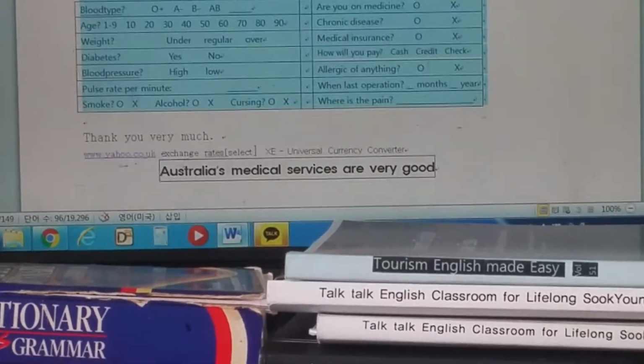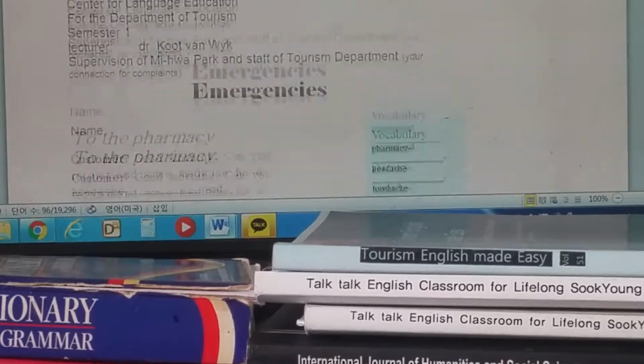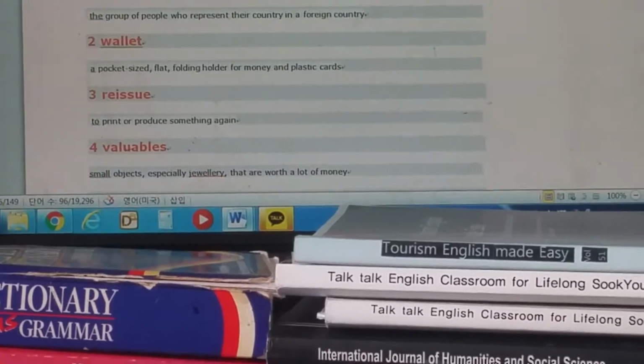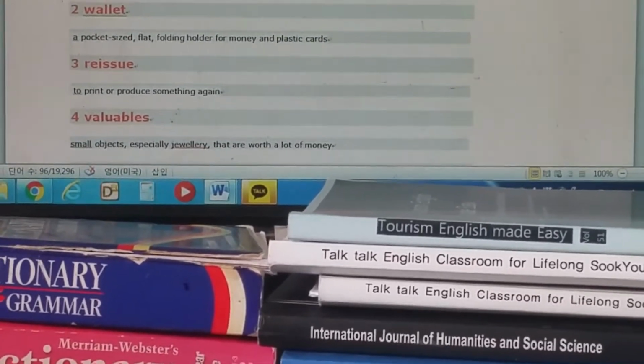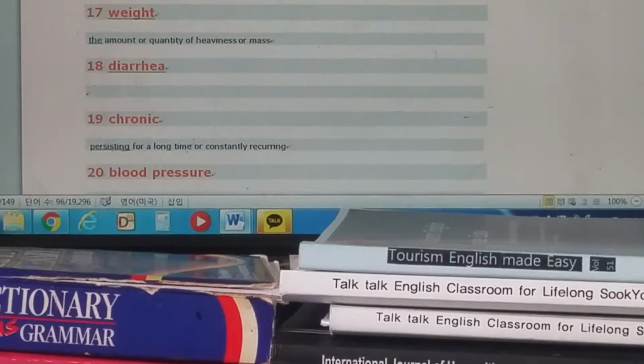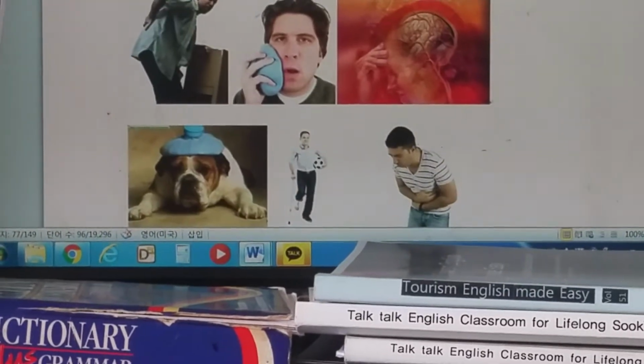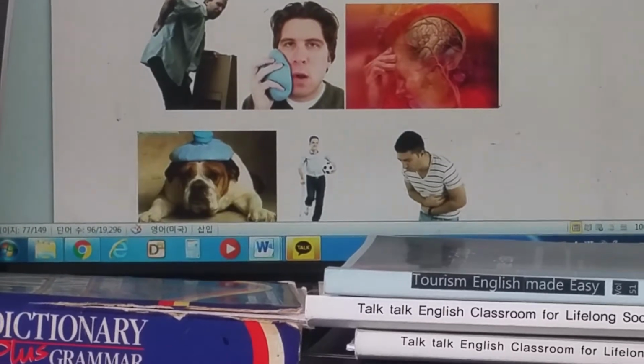I have the book here, and I can show you. This is the chapter we are dealing with: page 76, and if I slide down, 77. Then we have a lot of pictures that we cannot do anything about now because we are not in a class situation.